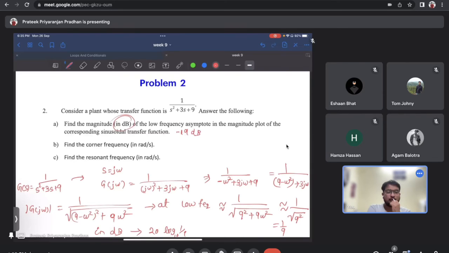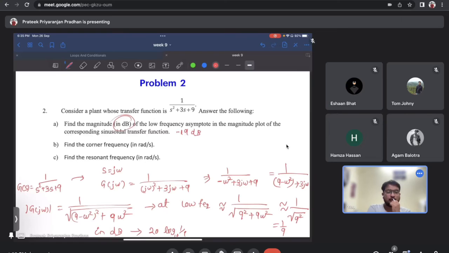It is (9 minus omega square) whole square plus omega square. At high frequency, I can write 9 is very less than omega square. That means I can approximate it as 1 upon root over of omega fourth plus omega square.